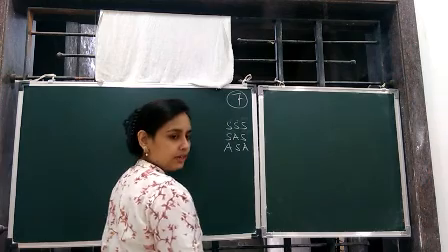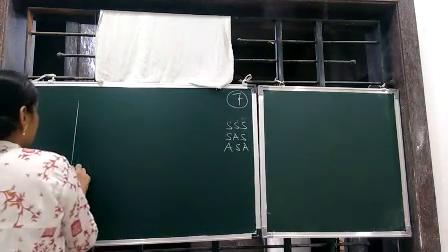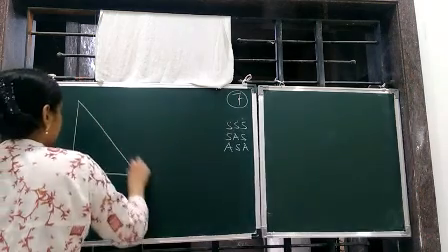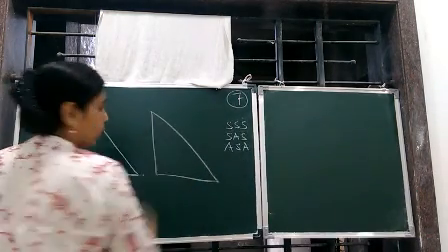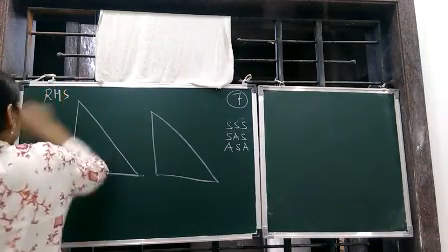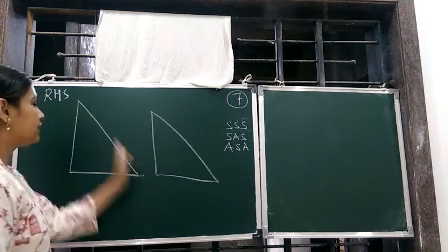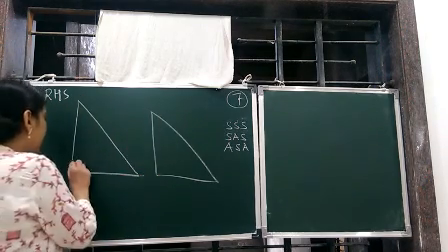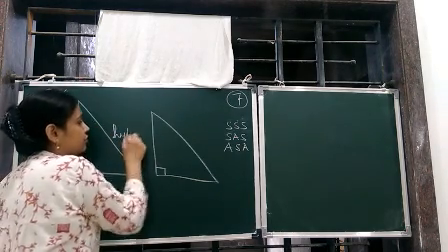Now, today we are going to start the fourth criteria. It is for the right angled triangles. So that is why it is known as the RHS congruency rule. Now we all know the bigger side, or you can say the side opposite to the right angle, is the hypotenuse.